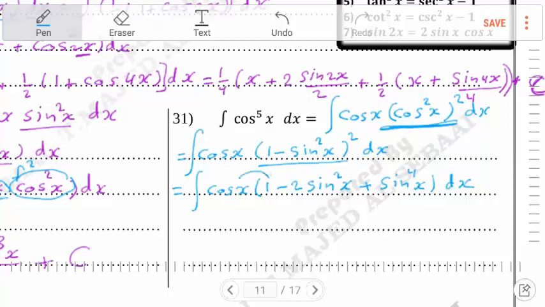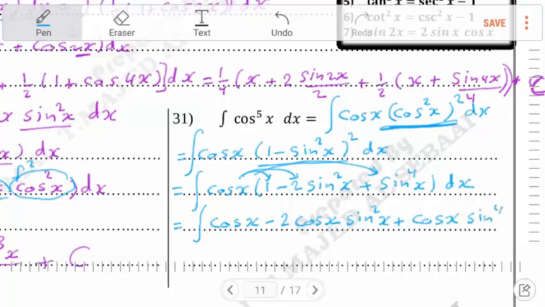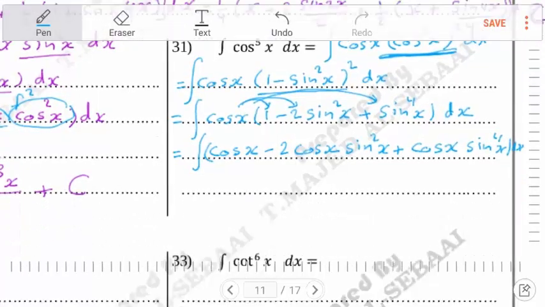Now multiply out, it will be cosine x minus 2 cosine x sine squared x plus cosine x sine 4x dx. Is it clear?